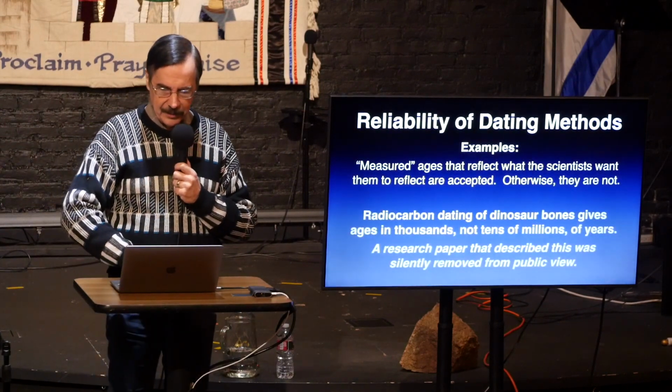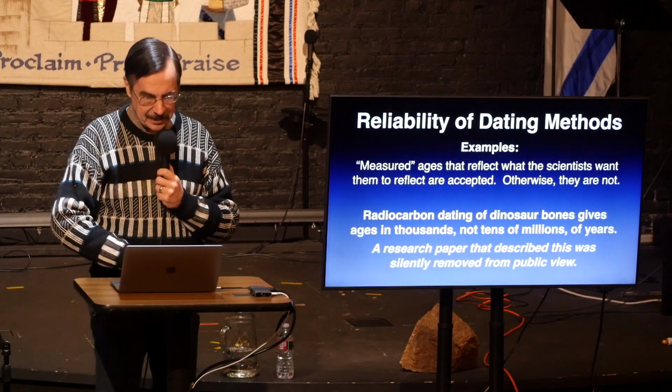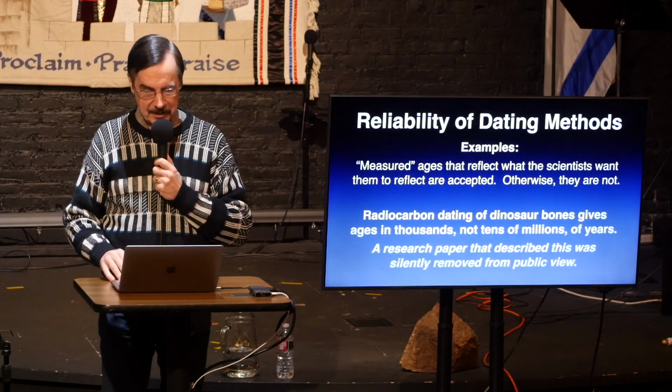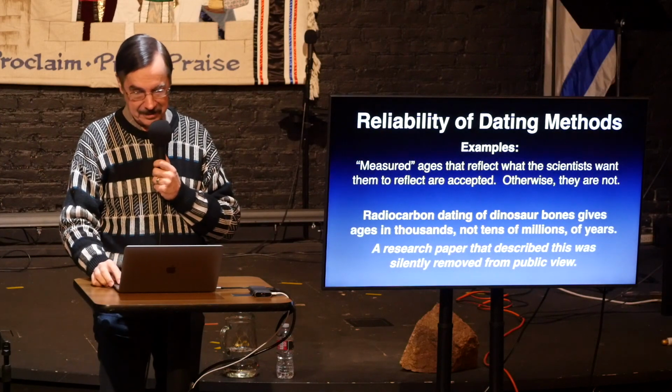So radiocarbon dating of dinosaur bones gives ages in thousands, not tens of millions of years. But a research paper that described this was silently removed from public view. We can't have that.